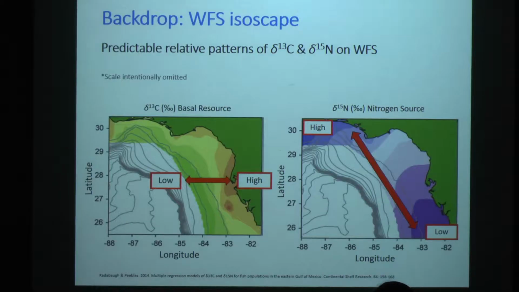Now, as a backdrop to this work, Kara Radaba developed an isoscape for the West Florida shelf during her dissertation, and the general trends are very robust for a variety of fish species, with carbon trending from low to high from offshore to inshore, and nitrogen trending with higher values of nitrogen-15 in the northern region, lower values in the southern region.